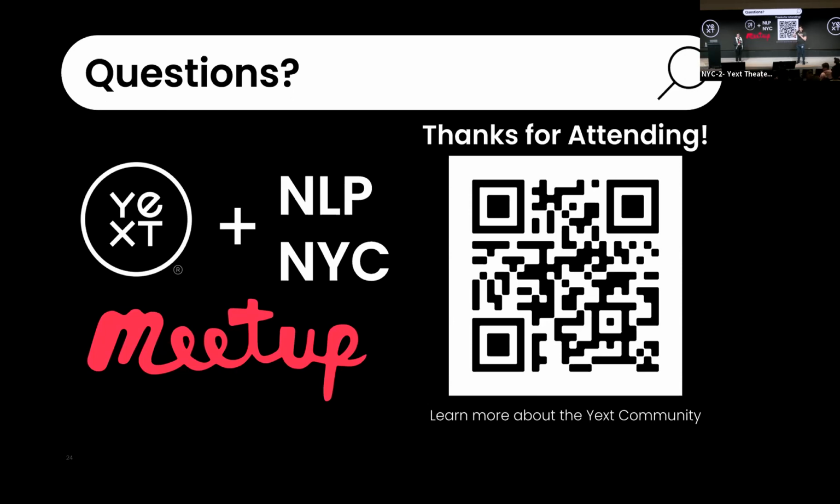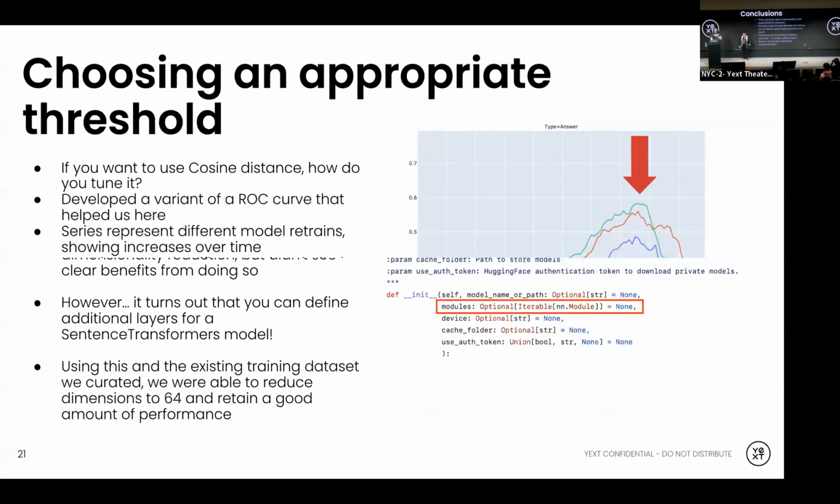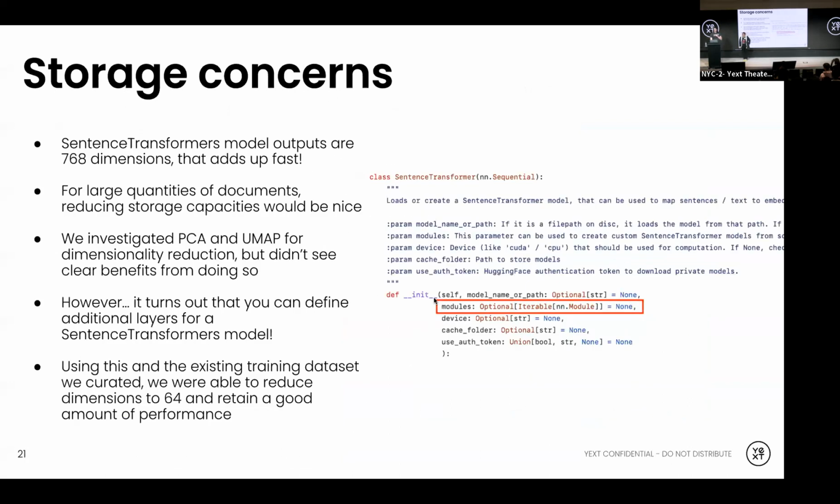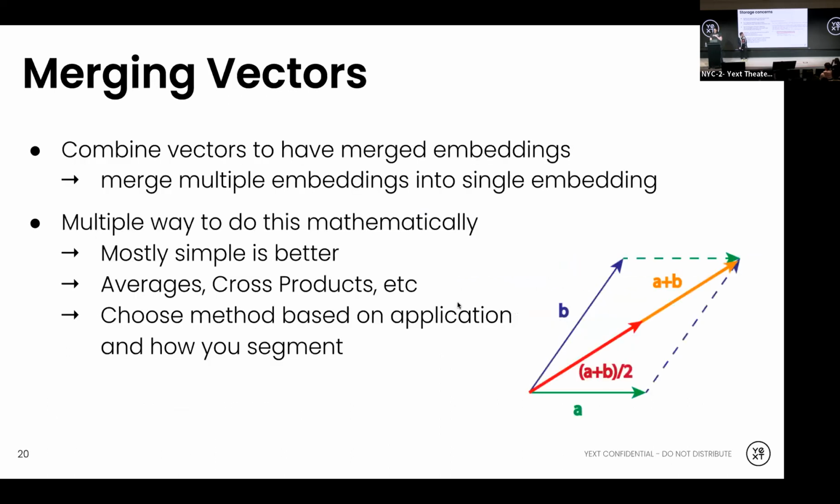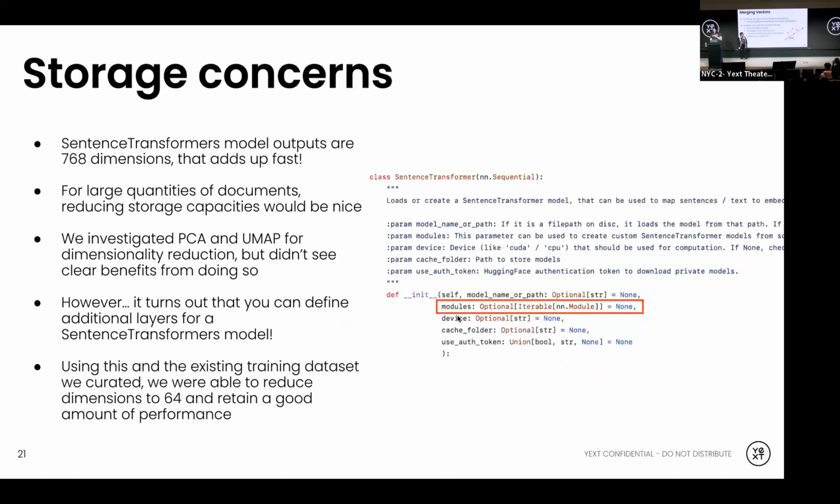So how do you remove the layer and add the layer to it? How do you track it? I'll show you here. Let me go back. So if you're using the sentence transformers package, when you instantiate a new SentenceTransformer, you can pass this additional parameter here, modules, which basically allows you to inject whatever additional layers you wish.